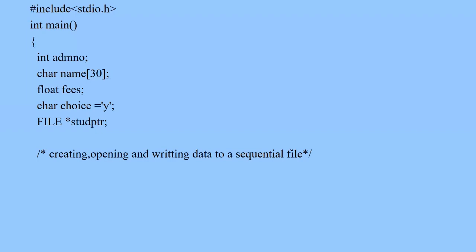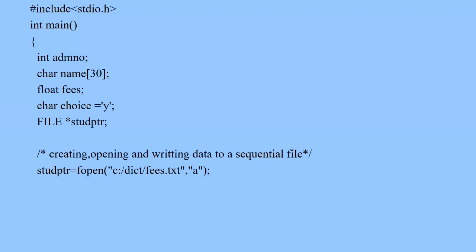So how do we create, open, and write data to a sequential file? We open our file called fees as follows. Remember the A at the end, that is the mode that we are opening our file in.